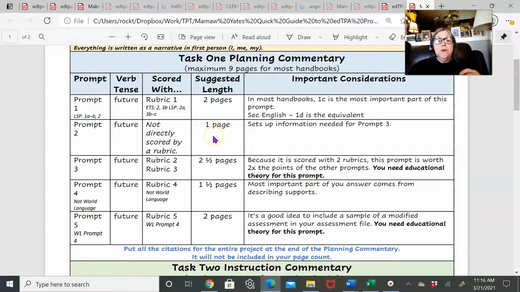Prompt 2, you're just providing information on the students, the things they like, the things they don't like to do, some key information that's important to the central focus. So, for example, if your central focus has to do with World War II, there's no need to give information on whether or not these kids like to skateboard, right?